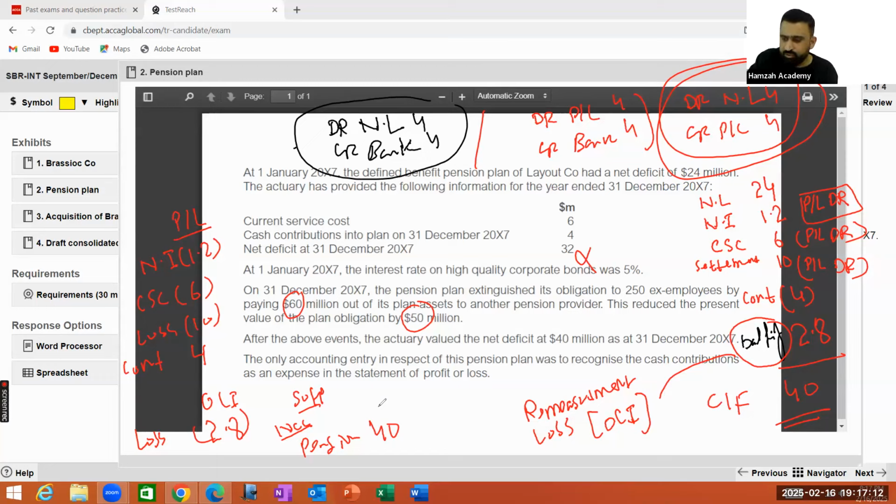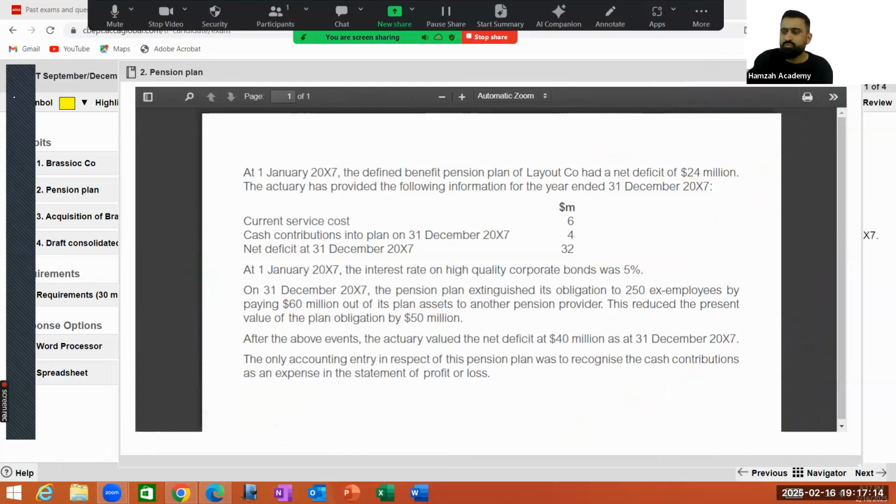And if you focus, you will learn one thing, that if you have a good understanding of the accounting standards, then you can attempt the question very smoothly. If you are looking at this requirement relating to IAS 19, it is simply the application of a defined benefit scheme.